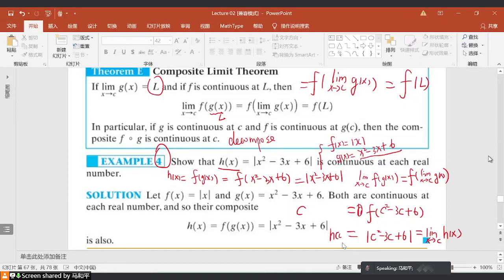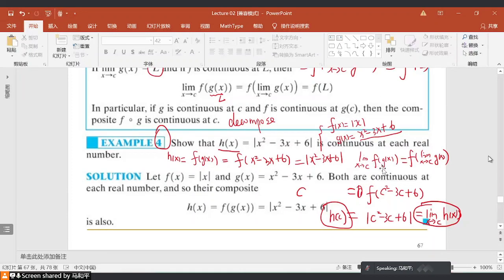This is equal to h(c). So the limit is equal to h(c). So we know h is continuous at every point. So we can find h is continuous at each real number. We just separate.